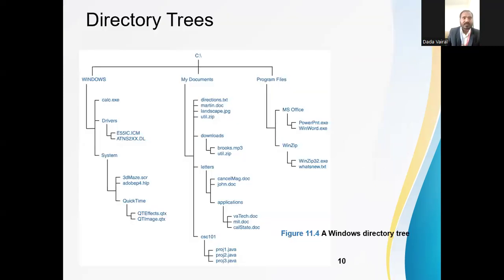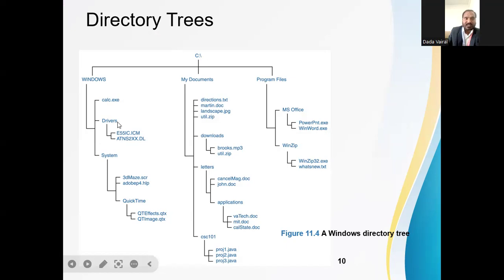Next, location C, local disk D, C is there. So Windows, My Documents, program files, these are the directories. Windows directory again contains other directories also. It contains a file, cals.exe, which is an executable file.